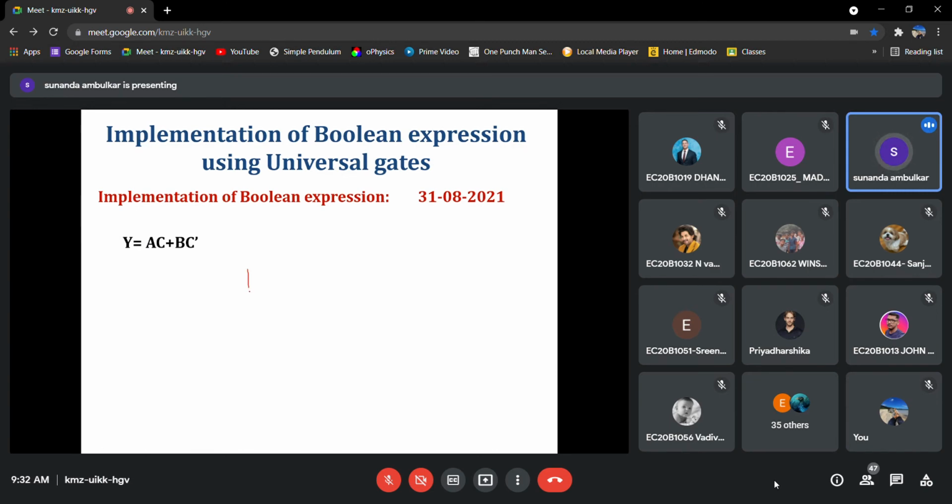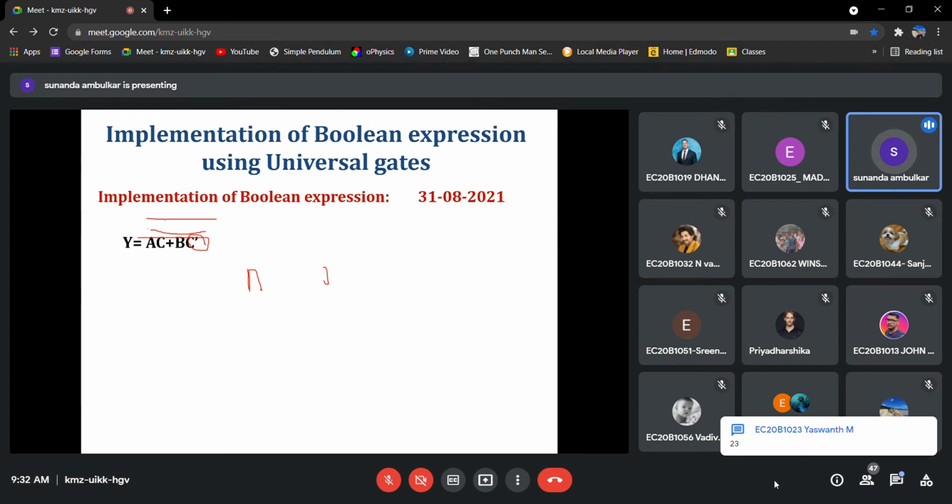You can visualize that in the last example a bar was there, so it is not required. Instead of D here it is C, so we need one NAND gate to implement this C dash, and there will be one less. In the previous example there was a bar, so we will not require the last NAND gate here. An extra NAND gate is included for the C dash, and a NAND gate is deducted for this. So that's why only 4. Do I need to explain this?